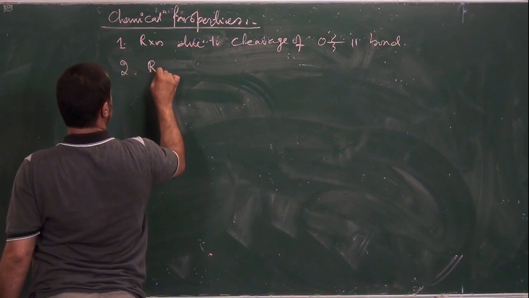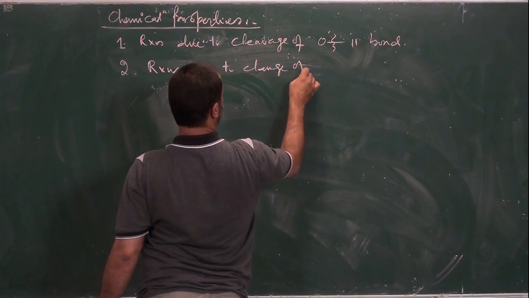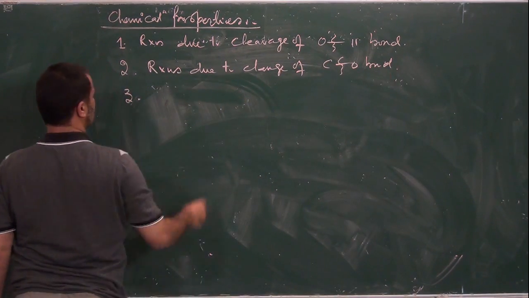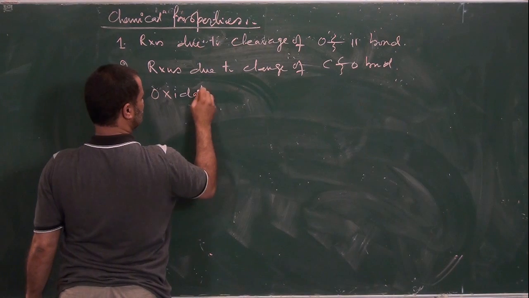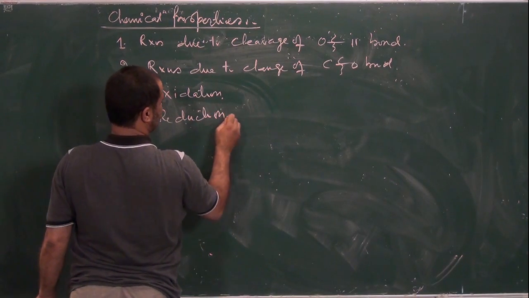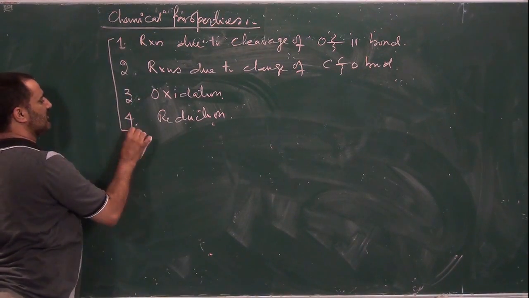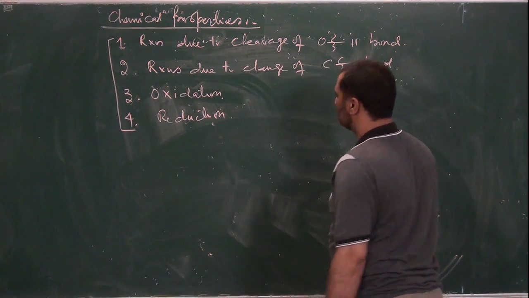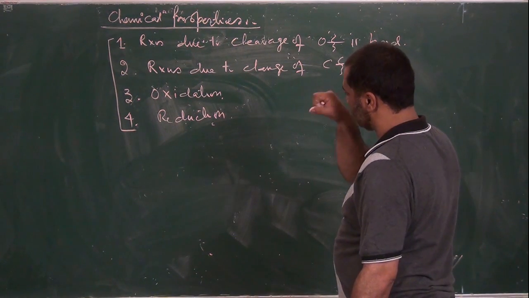Number second, reactions due to cleavage of CO bond. Number third, oxidation. Number four, reduction. So for chemical properties, we have these different types: reaction due to cleavage of OH bond, reaction due to cleavage of CO bond, then oxidation, and then reduction.